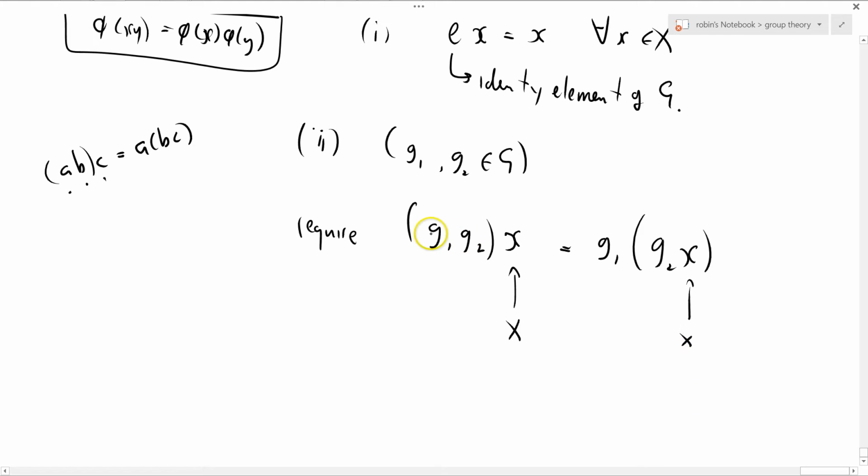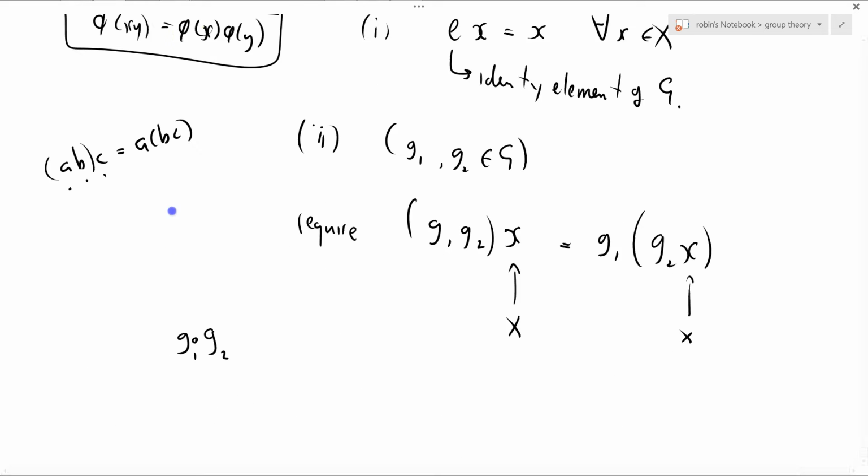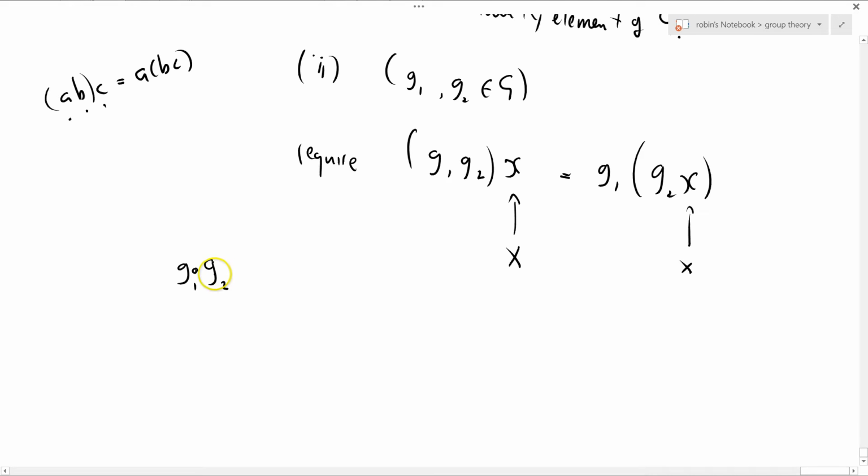To calculate this guy here, we go g1, compose it with, I guess I should have put a little circle there because I originally specified my group to have a circle as its operation, g2. So we take g1, g2 and x, we combine g1 and g2 to give g1 g2, and then we put the x after the end of it to map back to our ground set X.